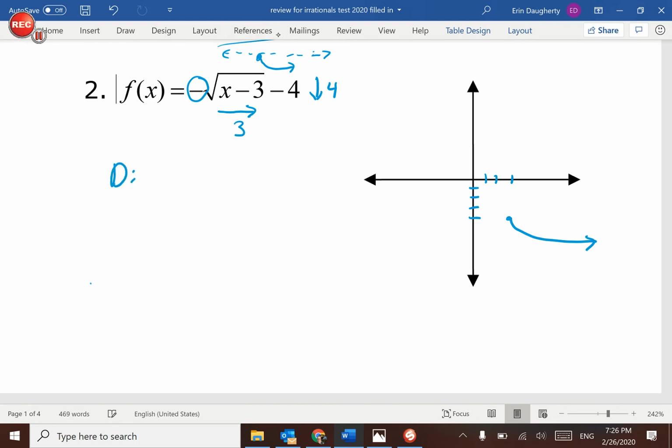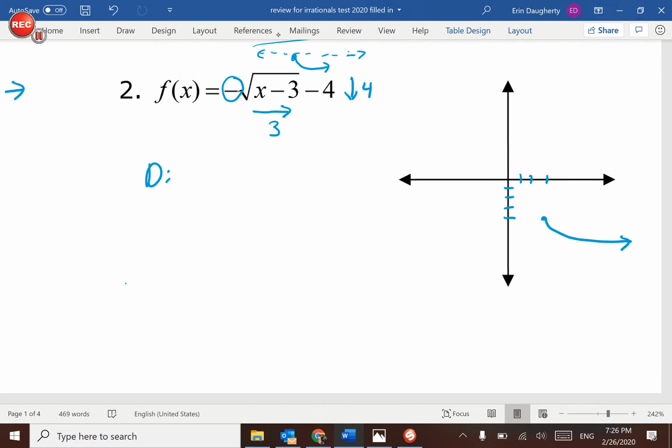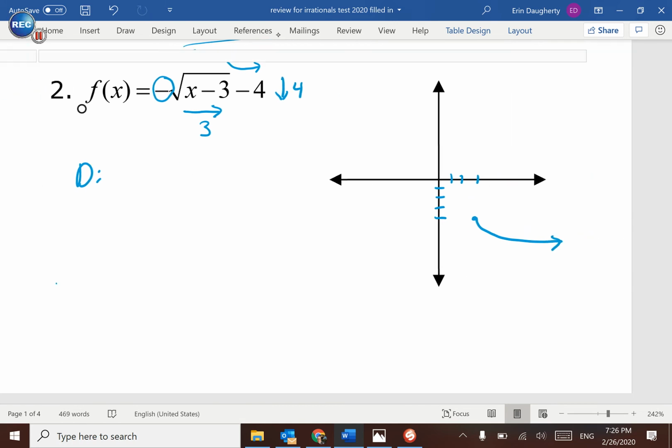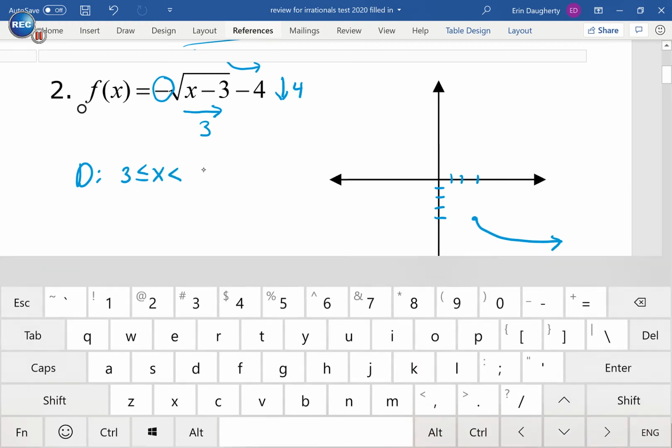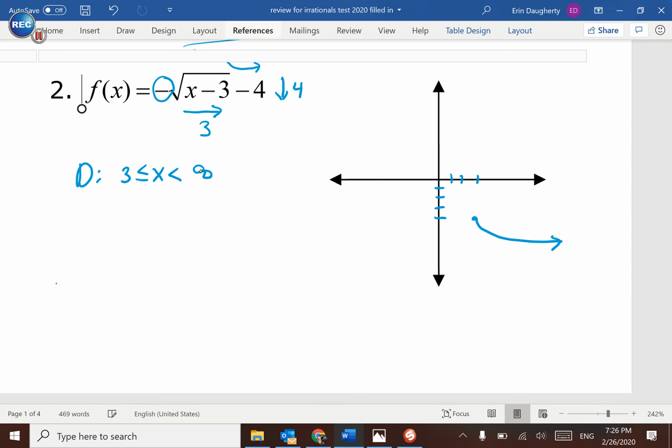Okay, our domain in this case is going to start at positive 3. We can include positive 3, x less than infinity. Boy, that didn't look like infinity.